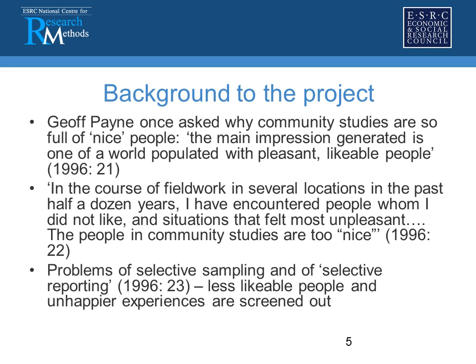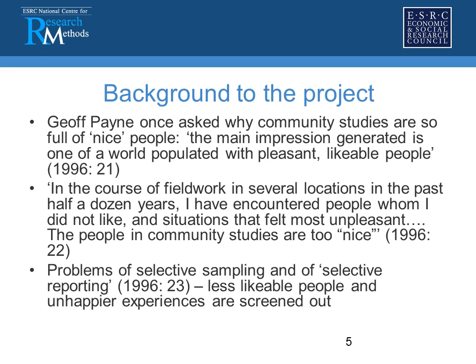One of the things that we did early on was swap anecdotes and stories. Some of you may have been in the audience yesterday when I was talking about community studies, so if you were, you've heard this story already. I was throwing into these group discussions the issue that Jeff Payne has pointed out, which is that when he reads classic community studies, they seem to be very full of nice people. Where are all the people who are awkward or difficult, or just the people you try and avoid?